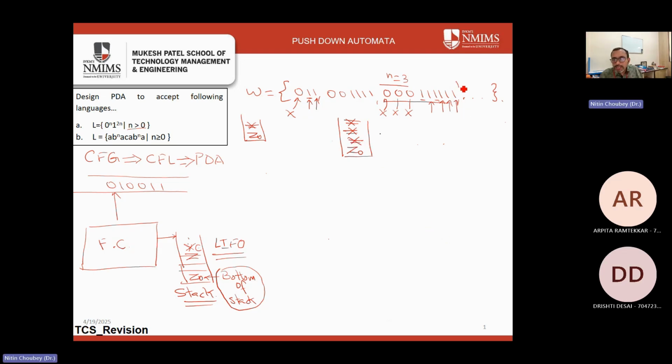Ultimately, when all the ones are over, all the X's are also removed, since for each 2 ones, one X was removed. And when we get epsilon here, that means the end of the string. At that time, we will have Z0 on the stack. Is this clear? So this logic will continue.